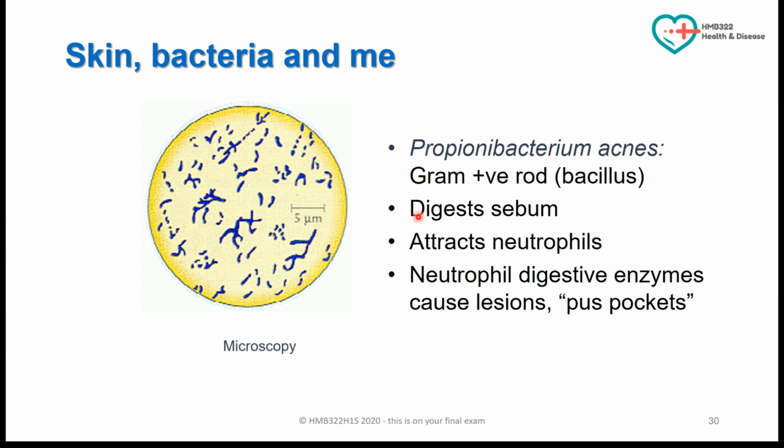One of the things that is produced by different types of skin, which we'll get to a little bit later on, is this substance here known as sebum. Sebum is that oil that forms on your skin. And these bacteria that grow on your skin actually like to digest and use this sebum. One of the byproducts of Propionibacterium as it digests this sebum is a substance that attracts neutrophils to the area.